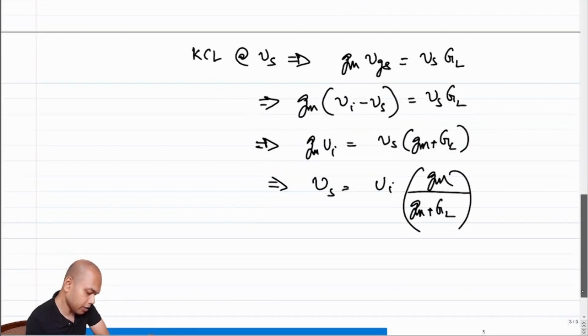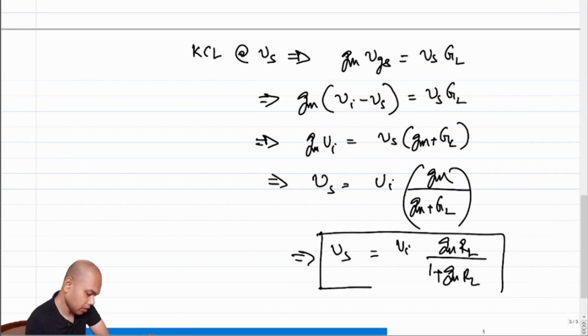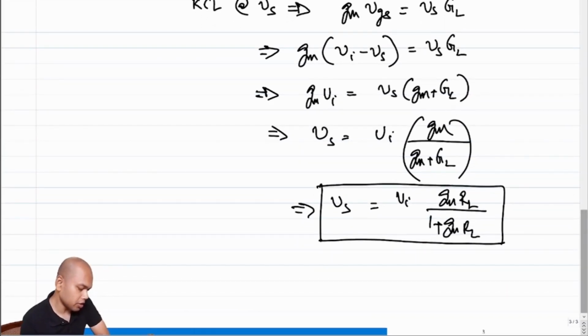And if you are comfortable writing in terms of RL, we can write it as Vi times Gm RL by 1 plus Gm RL. So this is Vs, and this is exactly what we had gotten in the previous lecture. Okay, so we got the gate voltage, we got the source voltage.